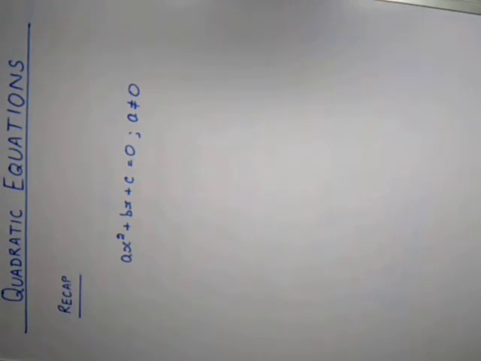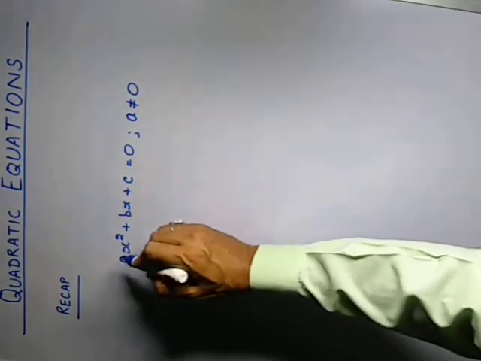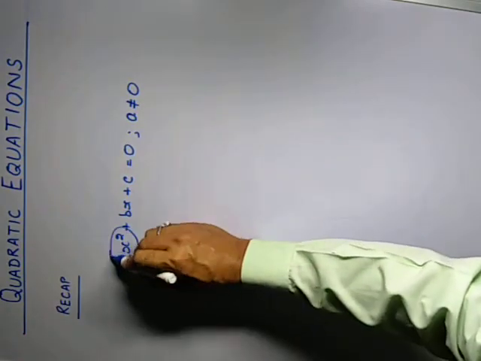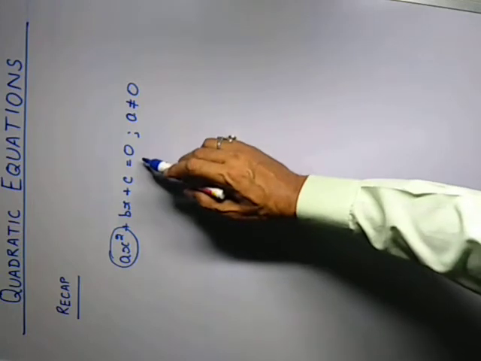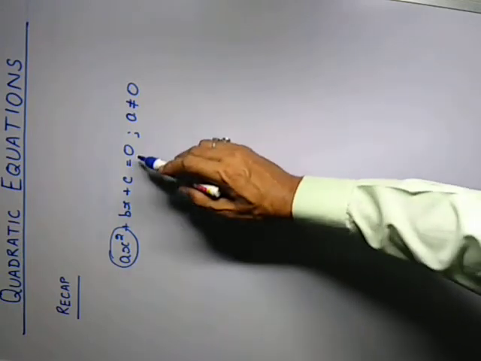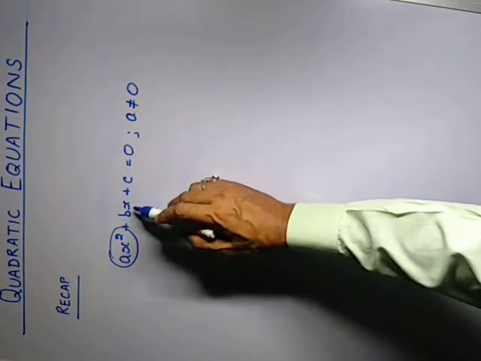What will happen if a is equal to 0? Then this term will be 0, and this equation will be converted into linear equation because now the degree will be 1. So that's why a cannot be equal to 0.